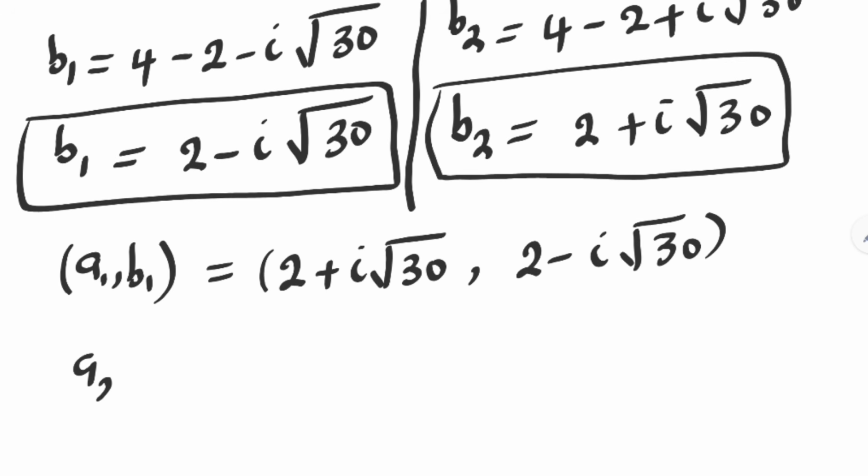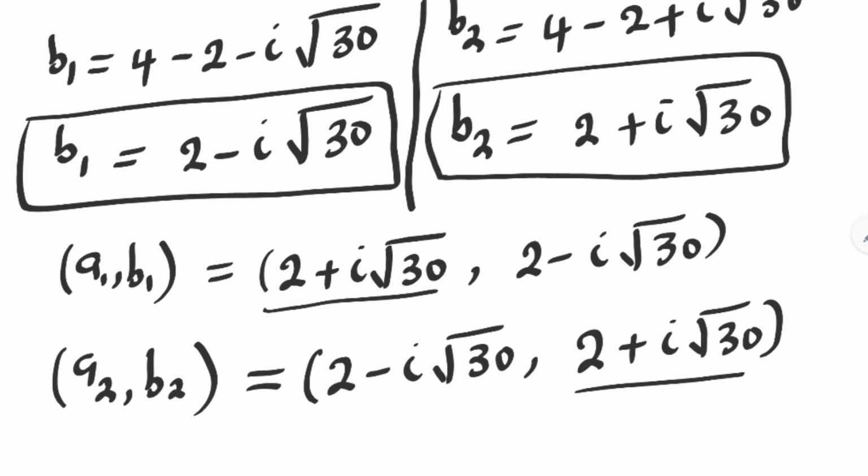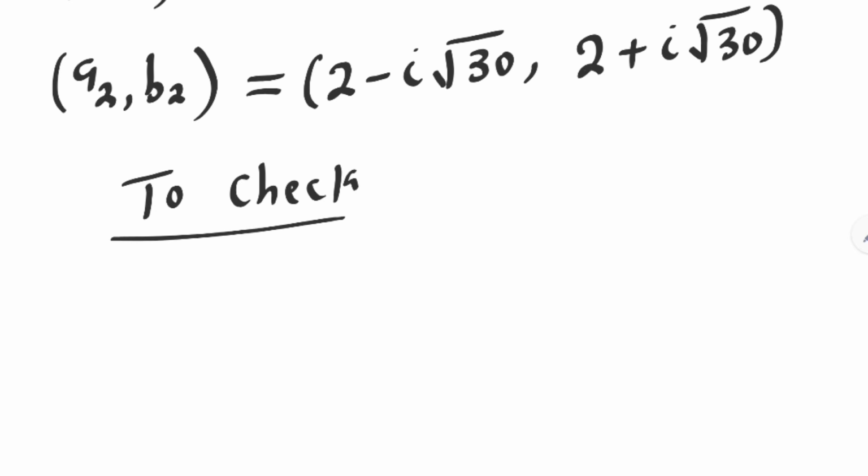Then A2, B2, this is equal to 2 minus I square root of 30, 2 plus I square root of 30. You can see that the value of A1 is equal to the value of B2, and the value of B1 is equal to the value of A2. We may check to confirm if this answer is right or wrong. Let us check. To check, we have the given equation.